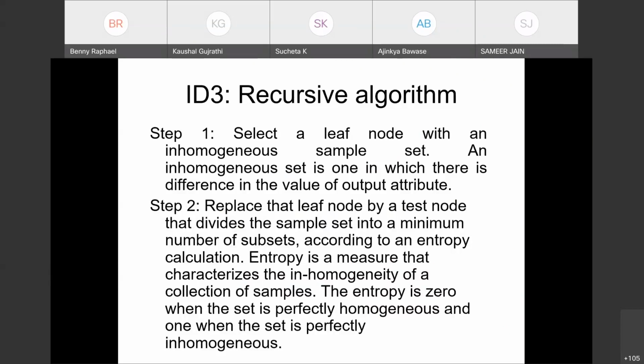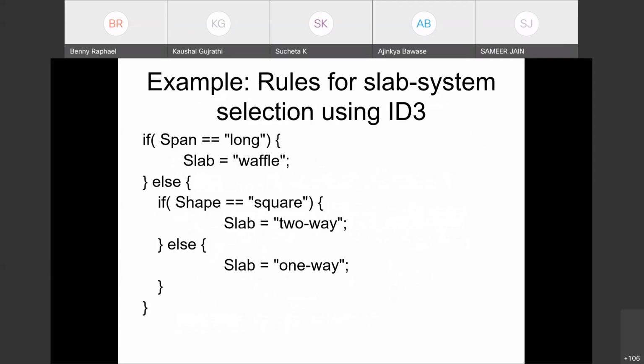So ideally, we want to get homogeneous subsets. In practice, we may not get a completely homogeneous subset. We might still get a mixture of values in the last subset. So this is basically the ID3 algorithm, and this decision tree which you get can even be written in the form of if-else rules.